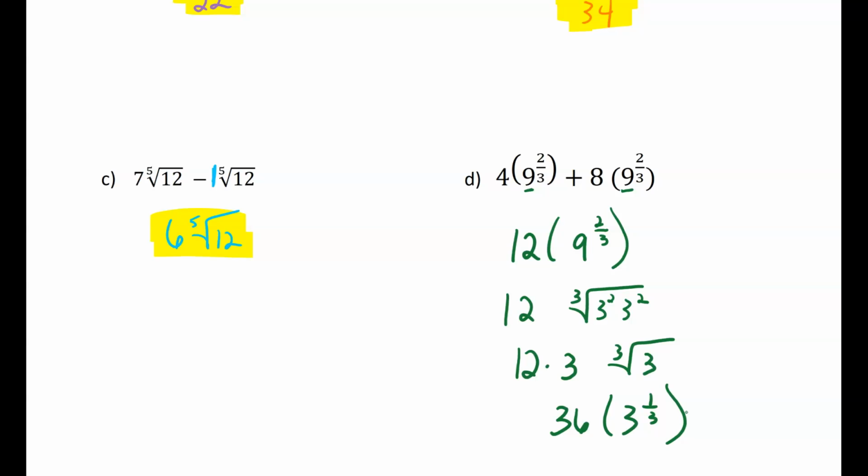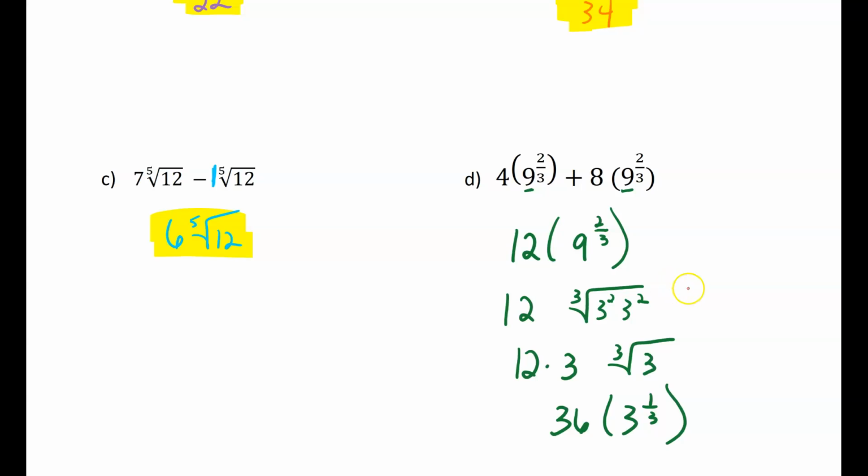I have a question. Yes. Did the second 3 squared come from the 2 on top, like the 2/3, because it's times 2? Yes, because there's 2 9s. Okay. 2 9s over here.